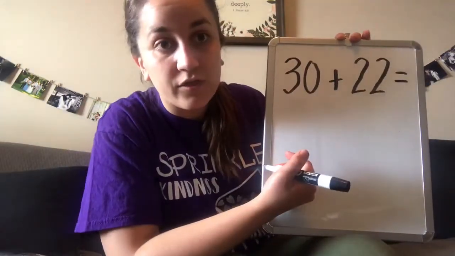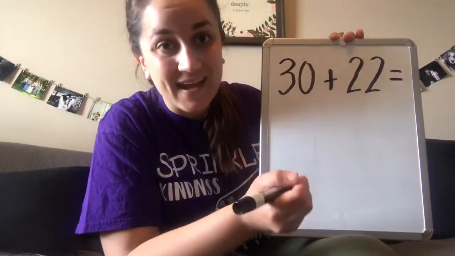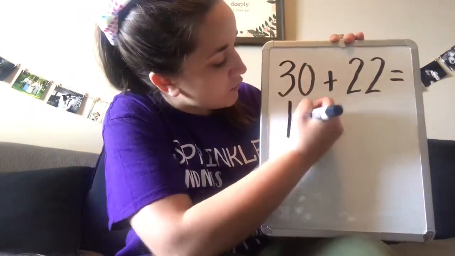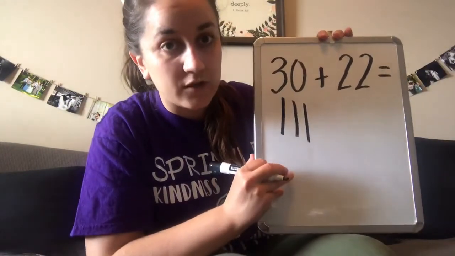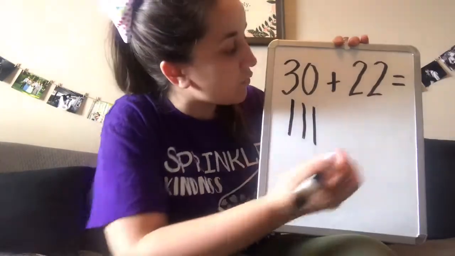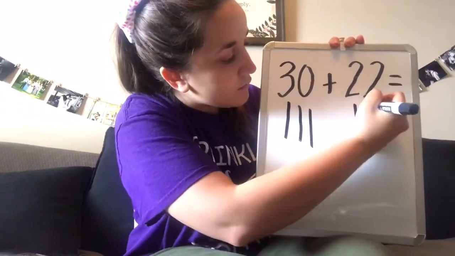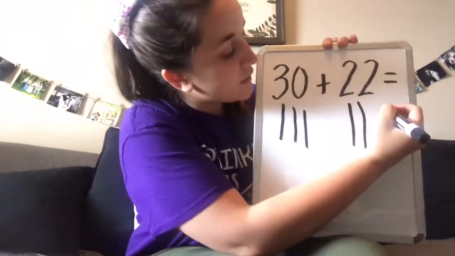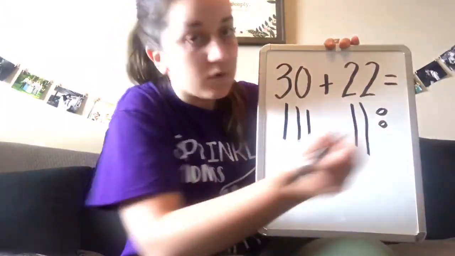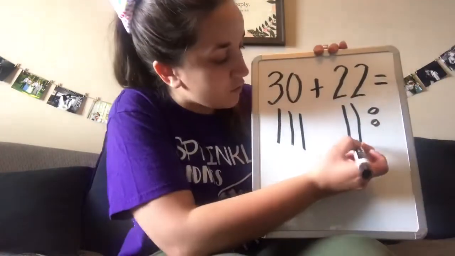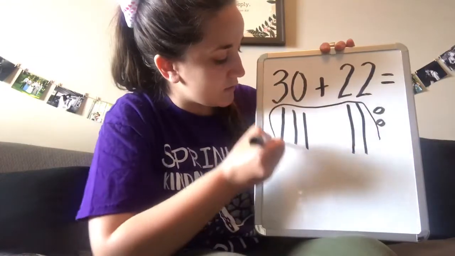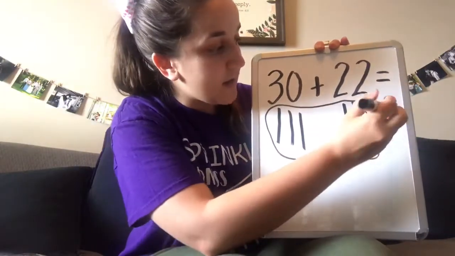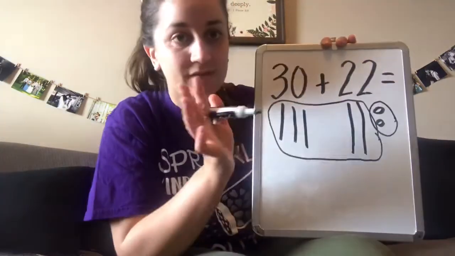So I know 30 is 3 tens. So I go 10, 20, 30. Then I draw the picture or the model for 22. 10, 20, stop, 21, 22. What I need to do is I need to circle all of my tens. I circle my tens. And then I can circle my ones if I'd like, or I can leave them. It's up to you.